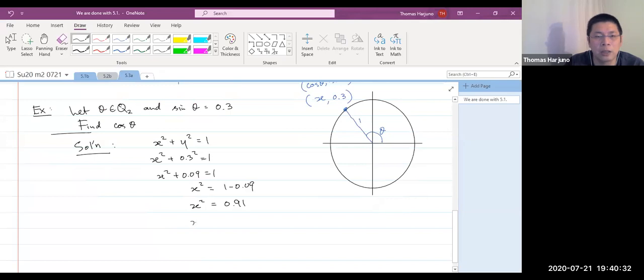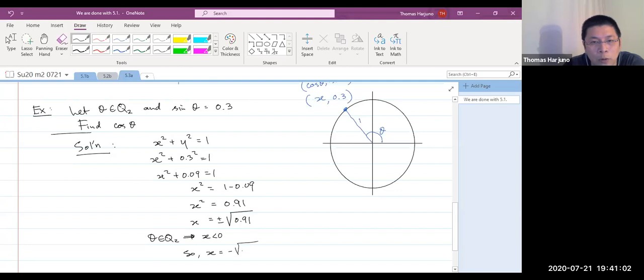So x is plus or minus square root of 0.91. Now we know that theta is in quadrant 2, so x should be negative. So x is negative square root of 0.91.